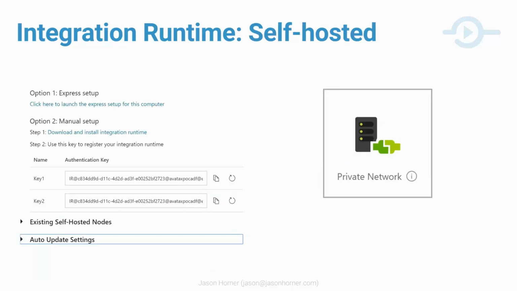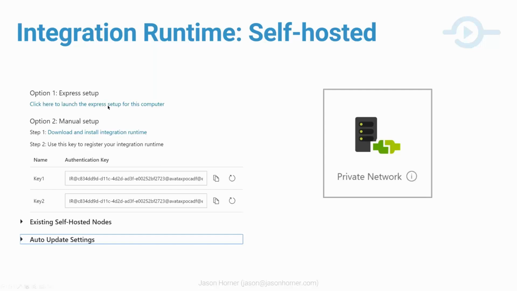The self-hosted, in this case, is pretty simple. It just takes 2 keys, and those keys are entered into the integration runtime software to allow it to authenticate. All that connectivity is encrypted.